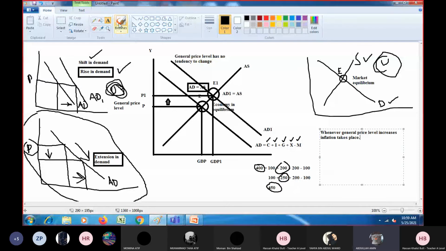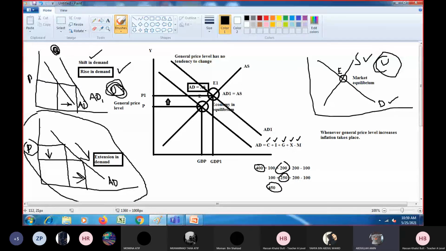The top left corner. You mean this one? Yes, sir. So here, actually, this diagram is about only aggregate demand. This is not about GDP. GDP is taken when we draw both the aggregate demand and supply diagram. So here we are just showing aggregate demand is increasing. There is no GDP at all there. Got it?